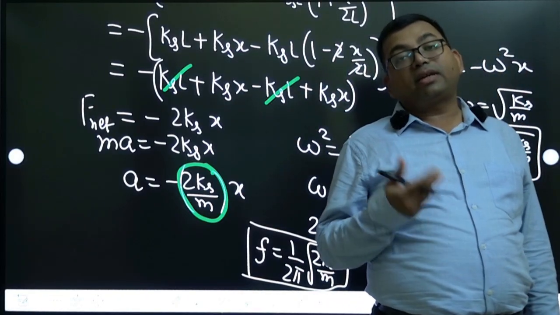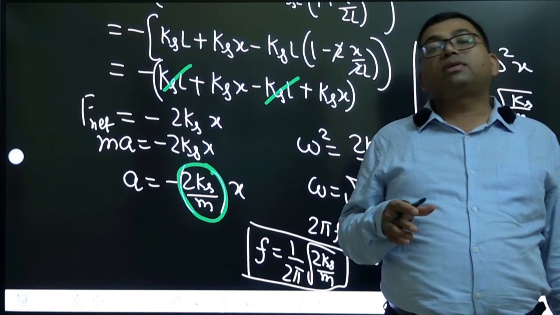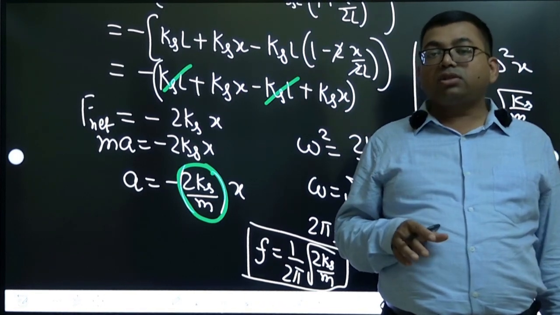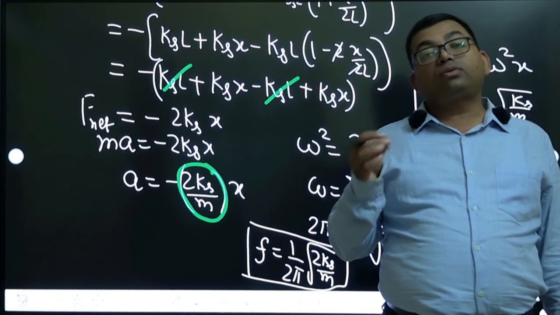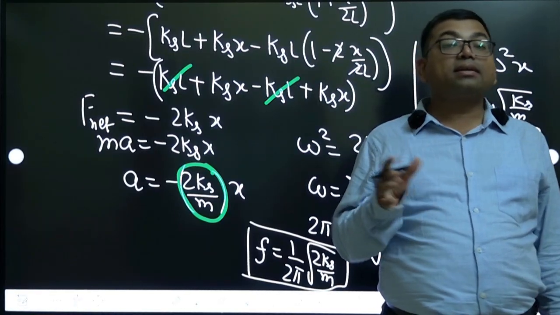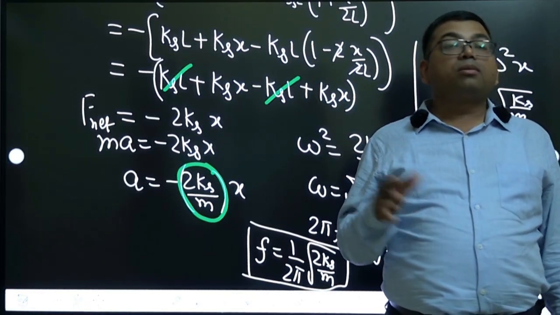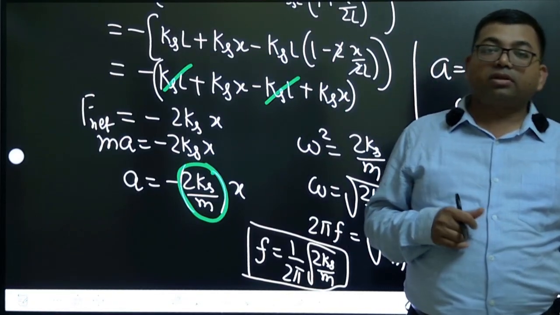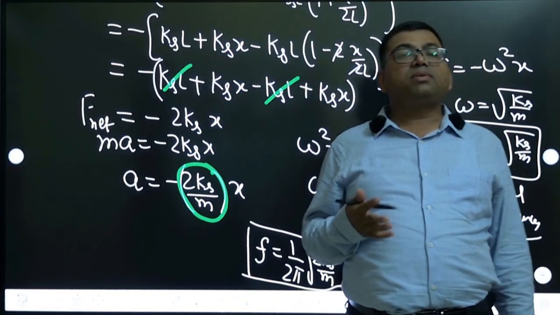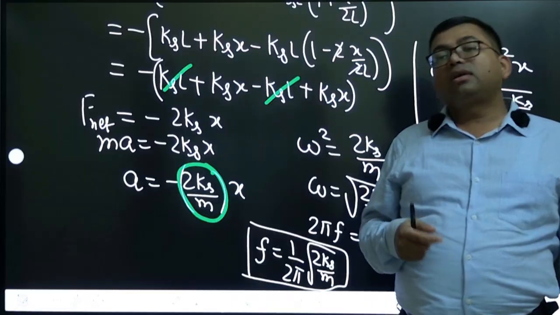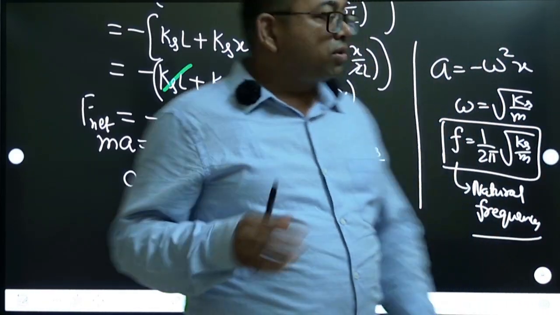If the force is a variable force, then frequency will change and mean position will also change. But if a constant force is applied like Q into E, if the electric field is uniform, in that case only the mean position will change but frequency will not change. They can ask very fundamental types of questions, so we should be clear about that.